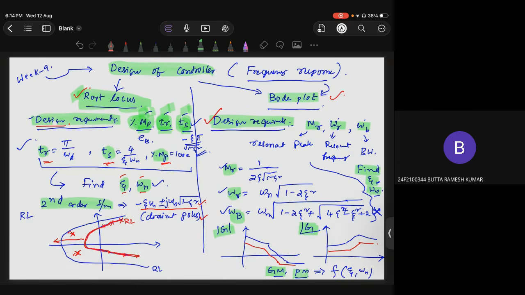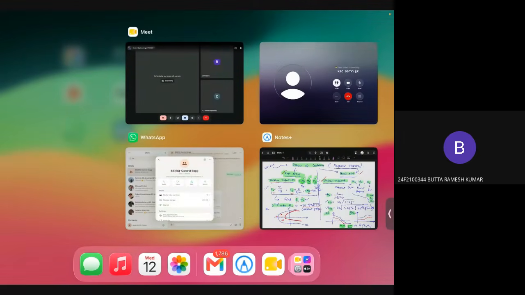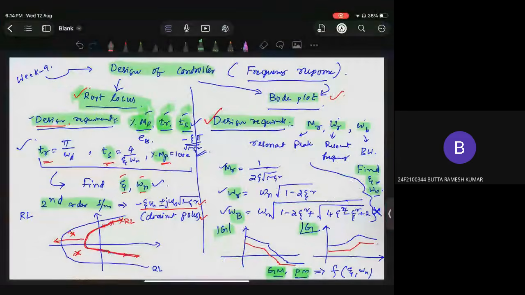Once we draw this Bode plot, how to find the gain margin and phase margin. That is the first thing. Once we have the gain margin and phase margin, then you can think of shifting these, blue to red. Now I'll do some examples with finding the gain margin and phase margin, so that you'll have clarity. Let me take up one example.